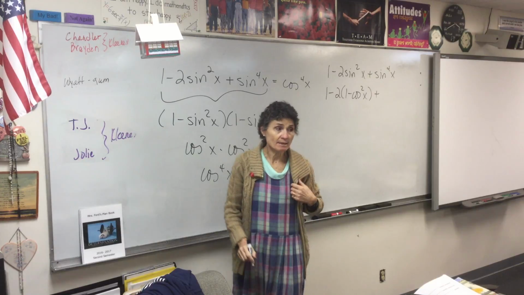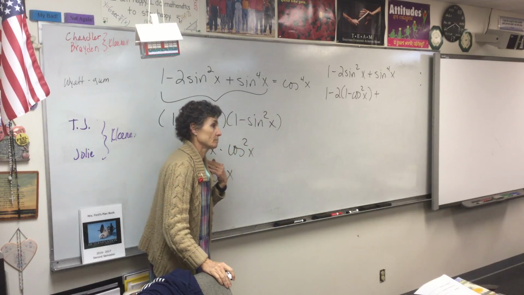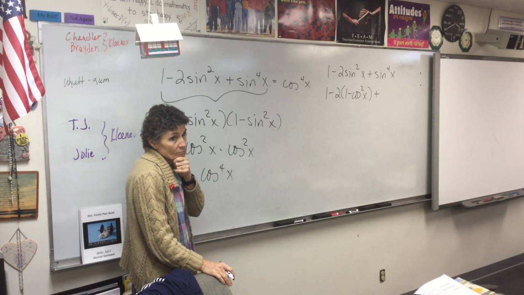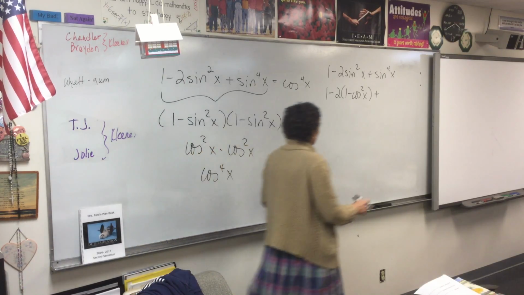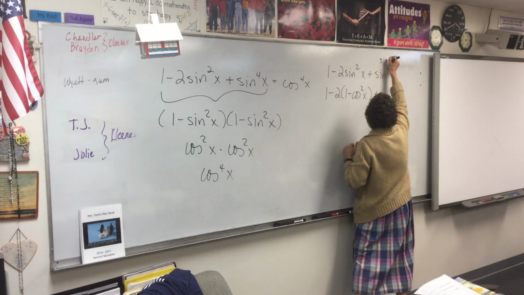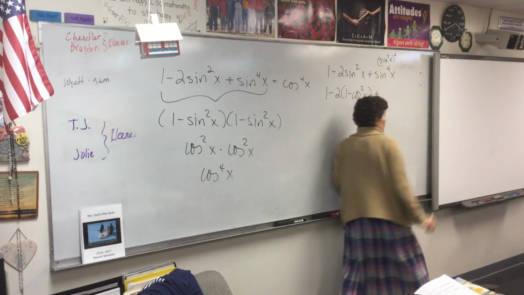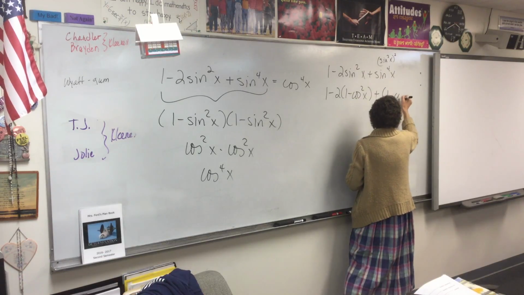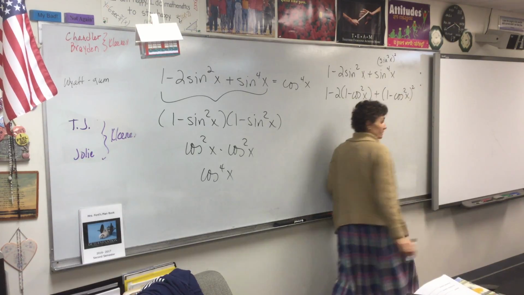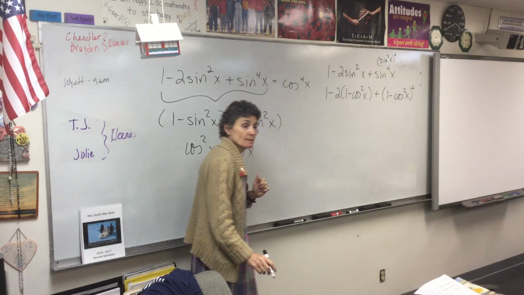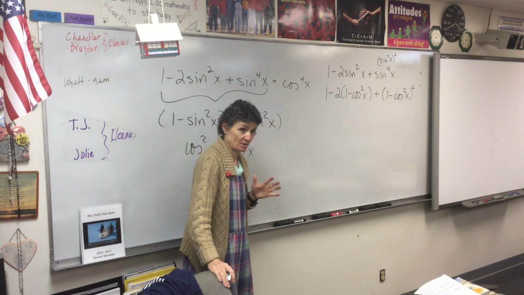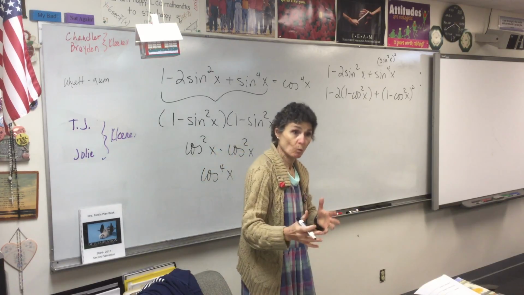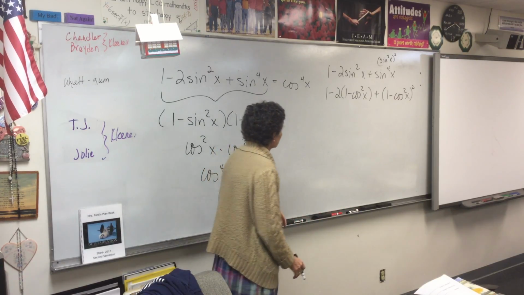Now, what about sine to the 4th? Sine to the 4th is sine squared squared. Would you agree with that? So I'm going to make this 1 minus cosine squared, squared. Now there are no identities for fourths, so don't think you can do that. But you can think of it as the squared squared and then use your identities.